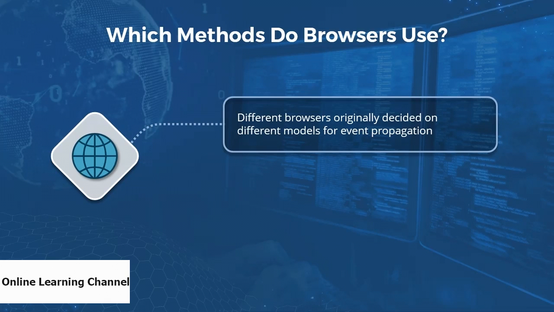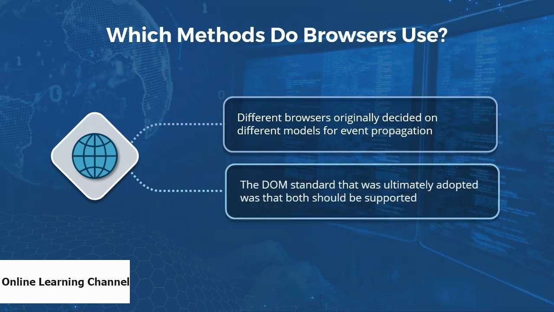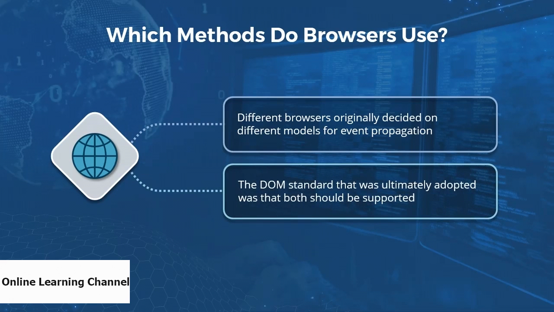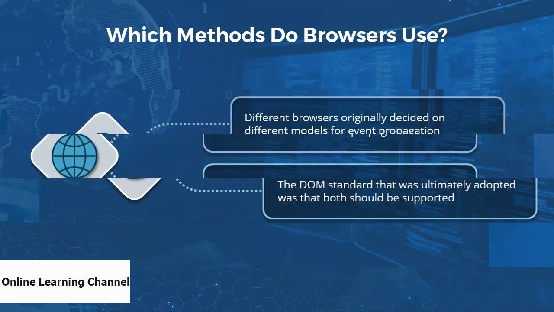If you were coding up your web page, you had to account for what kind of event propagation mechanism was implemented on the different browsers you wish to support. This is where the DOM Standards Committee stepped in, and the standard that was ultimately adopted was that both should be supported. So, all modern browsers support both event bubbling as well as event capturing phases.